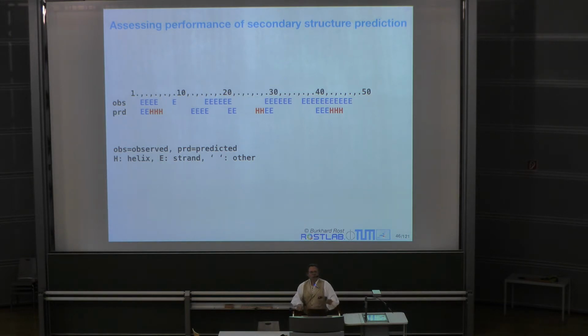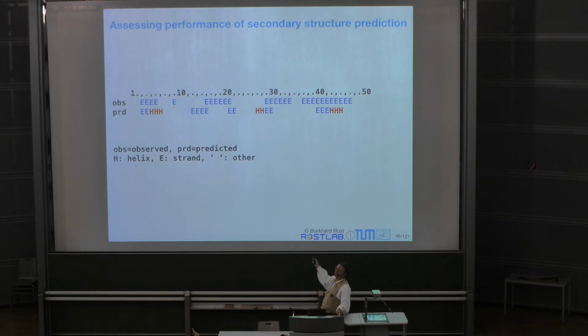So again, when I showed you these images, you saw these long cylinders. You didn't see a little bit of a cylinder, a little bit of an arrow, a little bit of a cylinder, a little bit of an arrow, as you see in this prediction method here. And you saw from these images that where the cylinders are is somehow what you're after. You're not necessarily after every single residue, whether that is a cylinder residue, but you want the whole thing somehow.